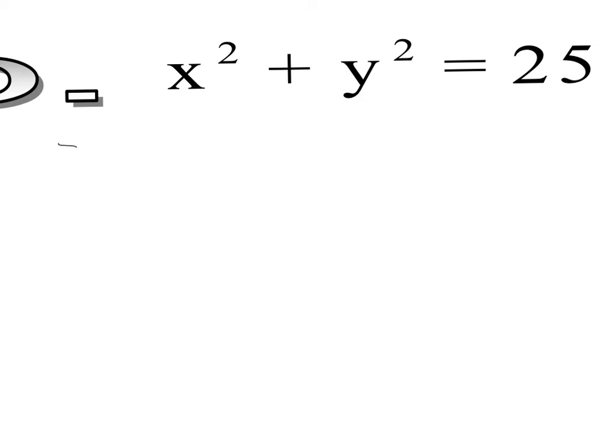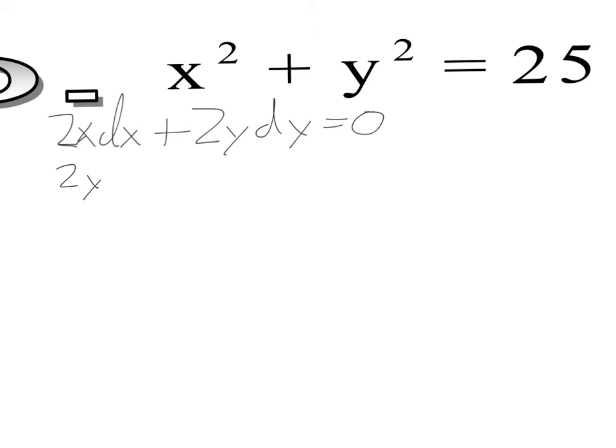So that would be 2x dx plus 2y dy equals 0. At this point in time, you want to get the dy on one side and the dx on the other, so this would be 2y dy equals negative 2x dx, and then you're just going to divide both sides by dx, and you're going to divide both sides by 2y.